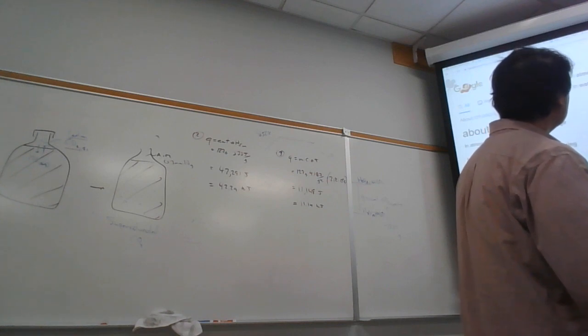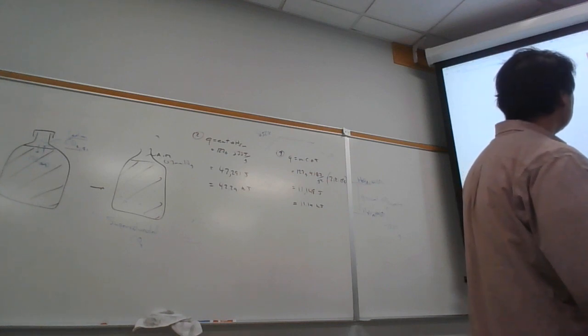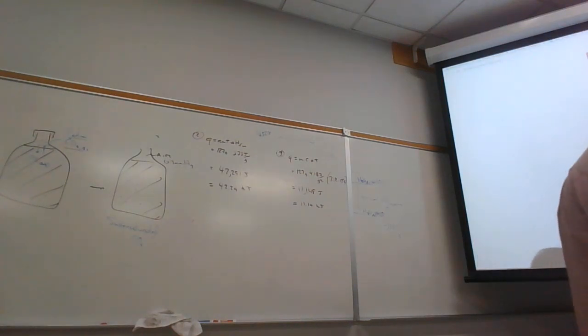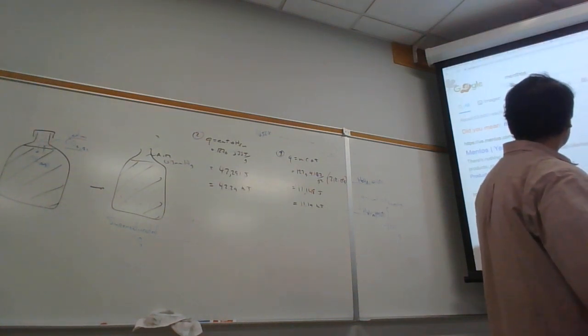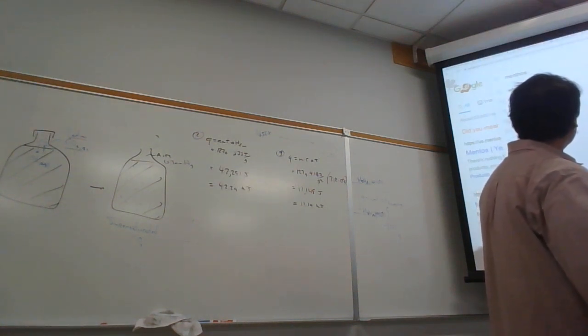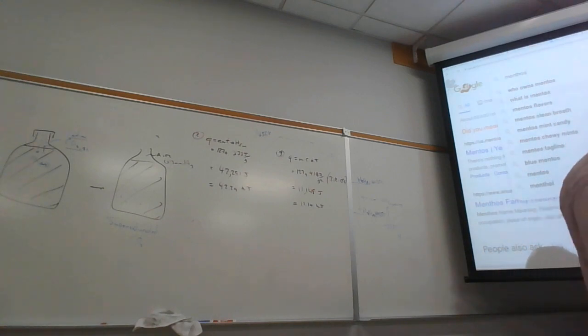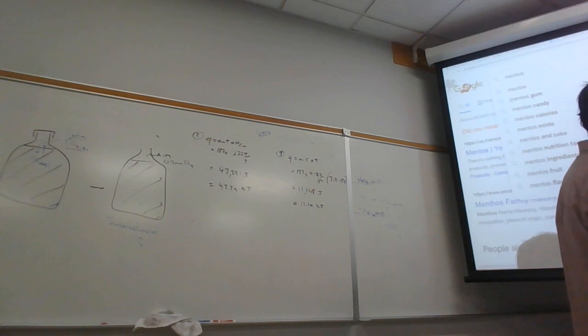There are ways to help bubble formation. One of the ways that they help bubble formation is Mentos. Have you seen that? You're talking about the Mentos and Coke? Yeah, Mentos and Coke. And Diet Coke.